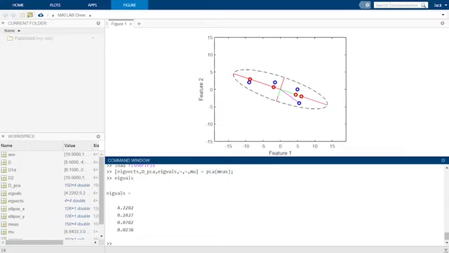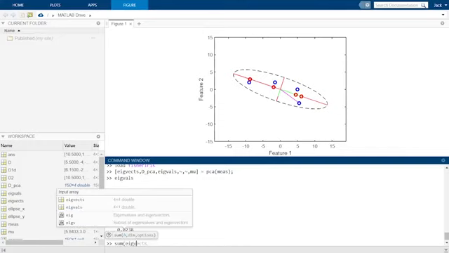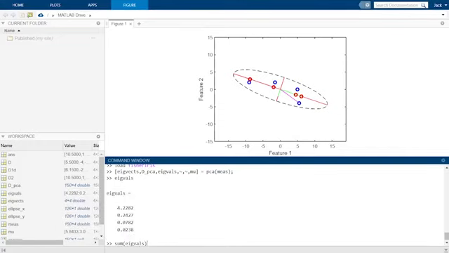To find the total variance in the data, we take the sum of the eigenvalues. Dividing our eigenvalues by this sum gives us the fraction of variance contributed by each principal component. And multiplying by 100 turns this fraction into percent variance from each component.